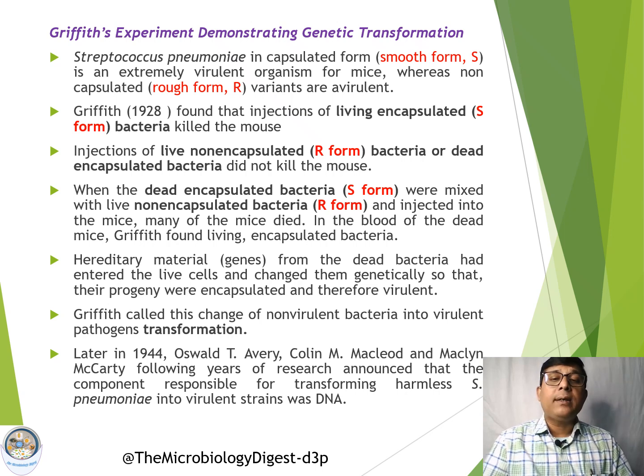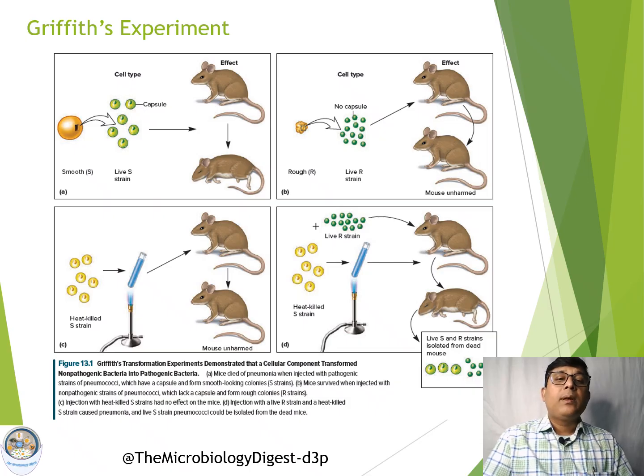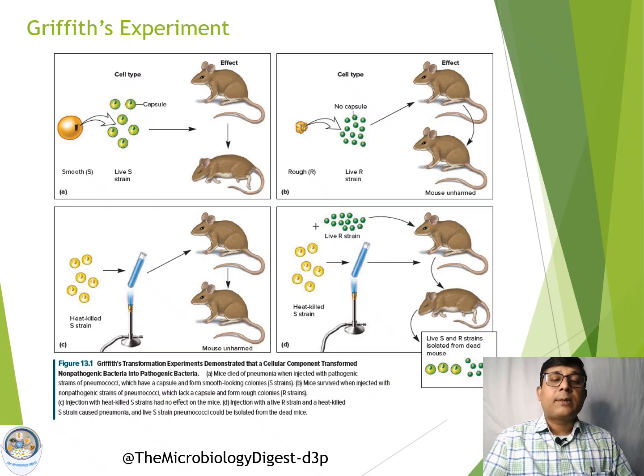So what Griffith did, he injected a group of mice with the smooth form. In the diagram you can see the first experiment: live smooth strains, which are virulent, were injected into mice.